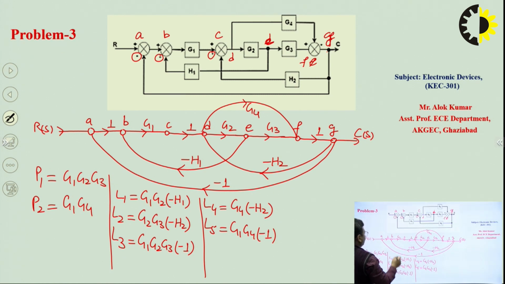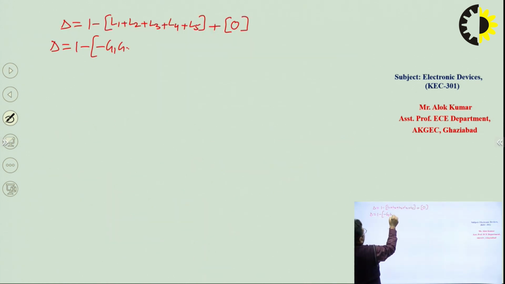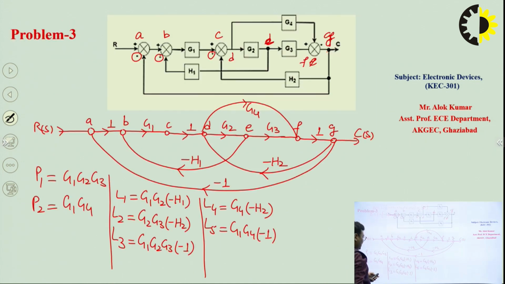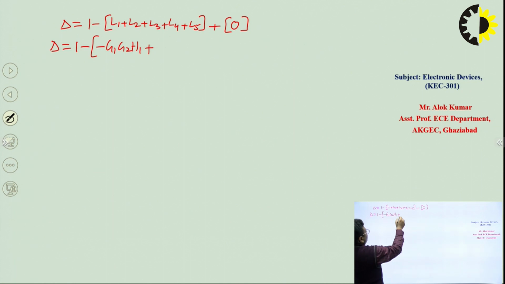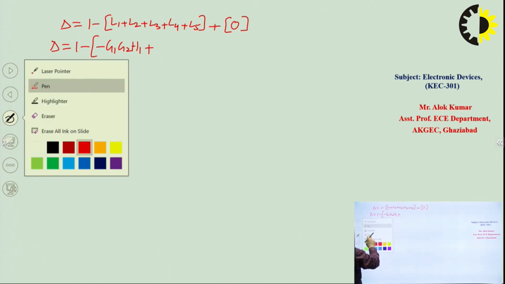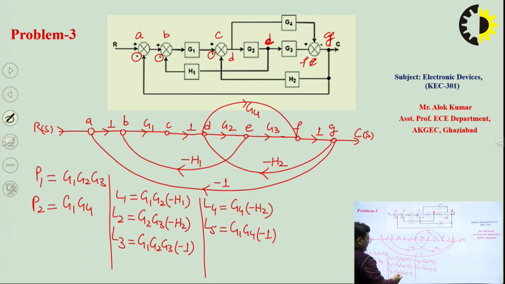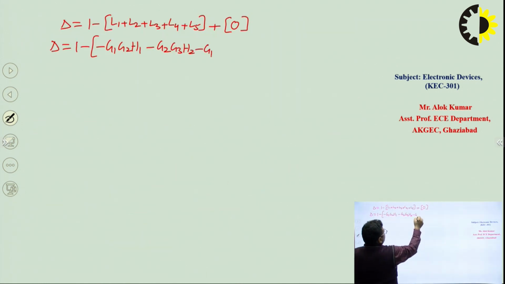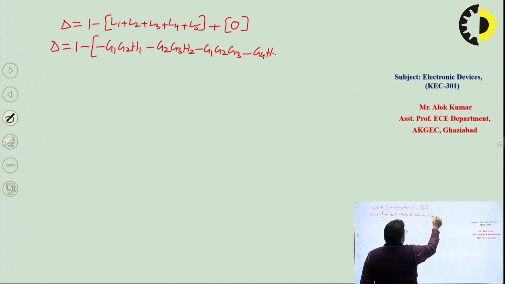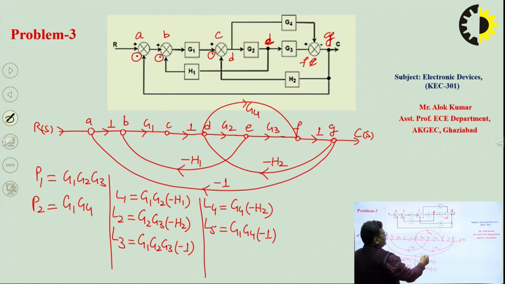L1 is G1 G2 minus H1, so we can write minus G1 G2 H1. L2 is G2 G3 H2, so minus G2 G3 H2. L3 is minus G1 G2 G3, L4 is minus G4 H2, and L5 is minus G1 G4.